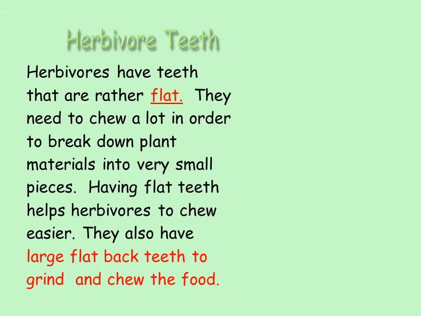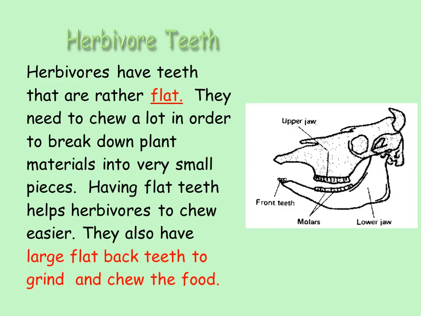Herbivores have teeth that are rather flat and they need to chew a lot in order to break down plant materials into very small pieces. They have flat teeth in the front which help them to chew more easily than other animals.